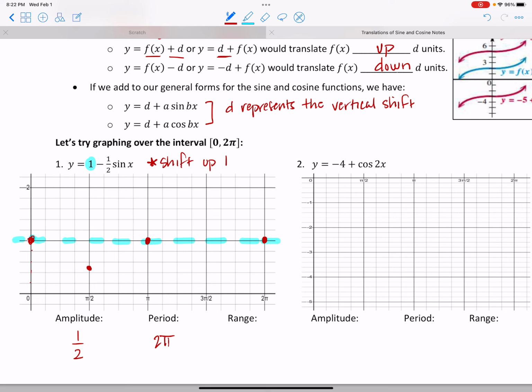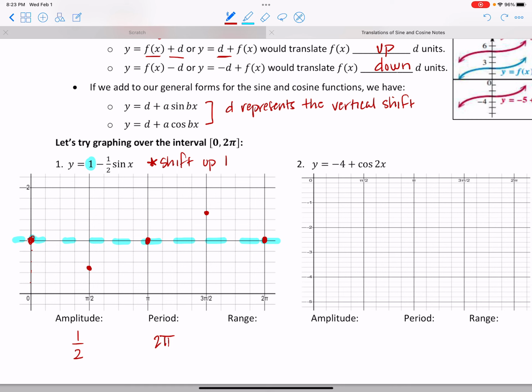And then on the other side, in between the other two points on my midline, I want to go up a half of a unit. And that's going to put me there. And there it is. My one cycle, right, because my period didn't change, with an amplitude of a half. It's a sine curve that's going down from that start point, but everything in that graph has shifted up. Whoops, what am I doing?